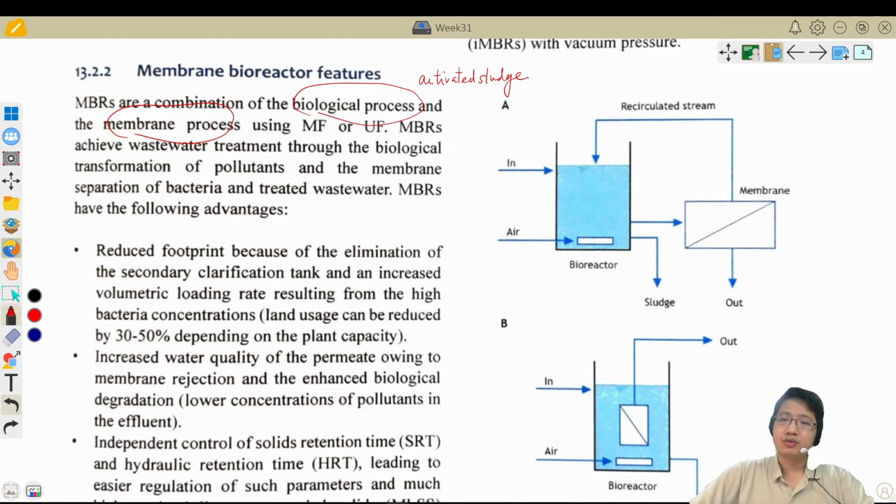Which means you have two reactors and lots of pipes. So the MBR, by replacing the secondary clarification tank with the membrane process, is going to reduce the footprint of your whole system, especially when you are using an immersed membrane bioreactor.